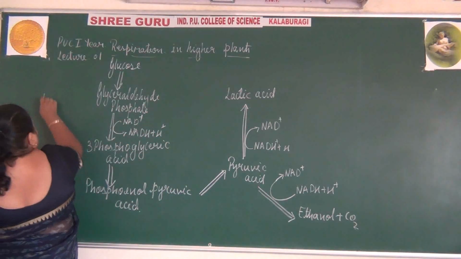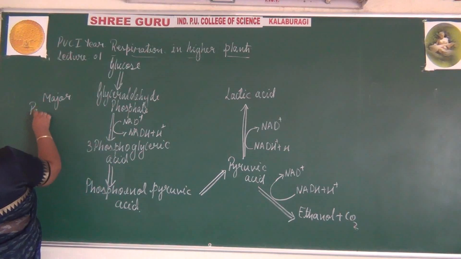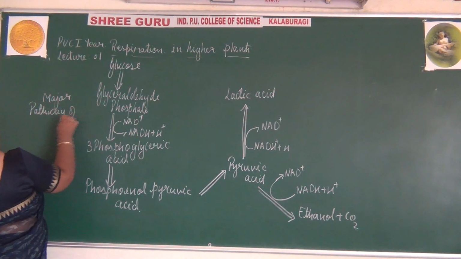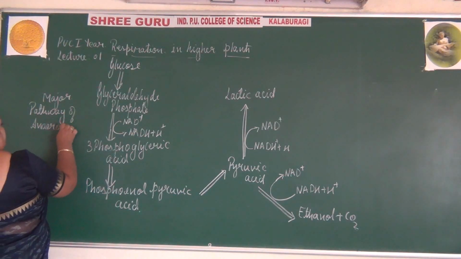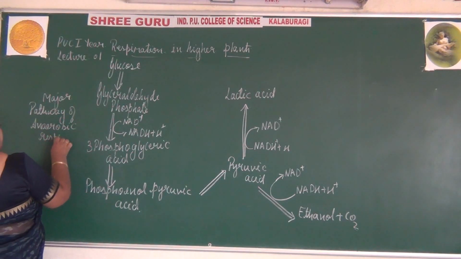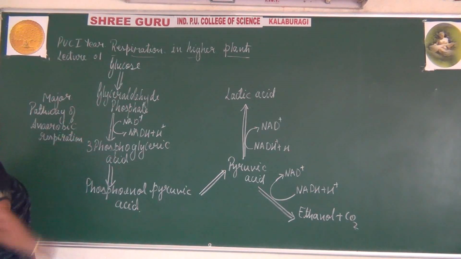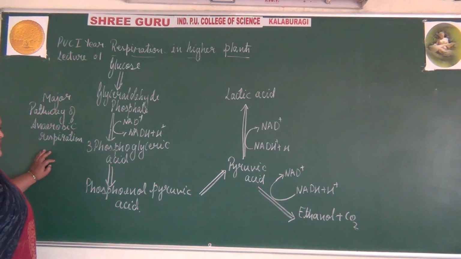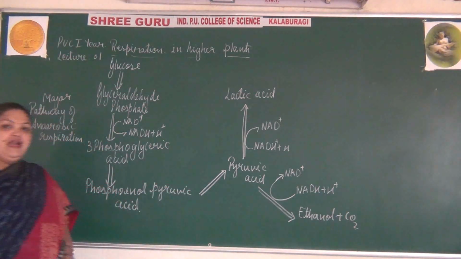So it's a major pathway of respiration. And the common process in both aerobic and anaerobic is formation of pyruvic acid.